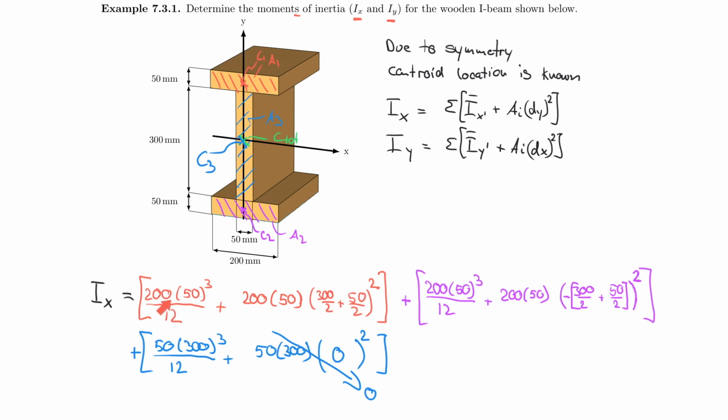So I invite you to actually calculate this value and then calculate this value, and you will see that this value most often has a much higher contribution. In fact, there are some engineers out there who don't even worry about this part. They just use the area and take the distance and square it, just because it's conservative, and this is percentage-wise very little compared to this. And the larger the cross-section becomes, the more significant this becomes.